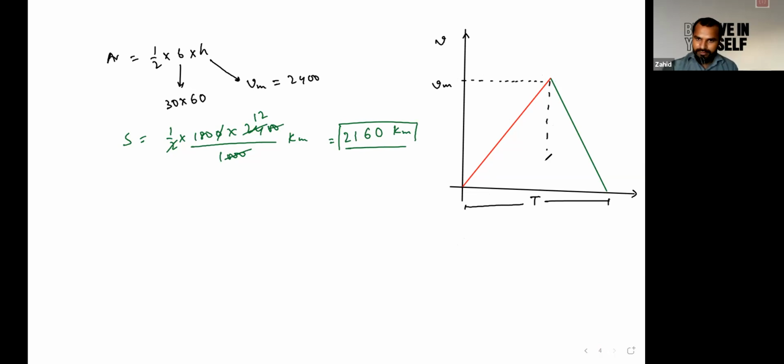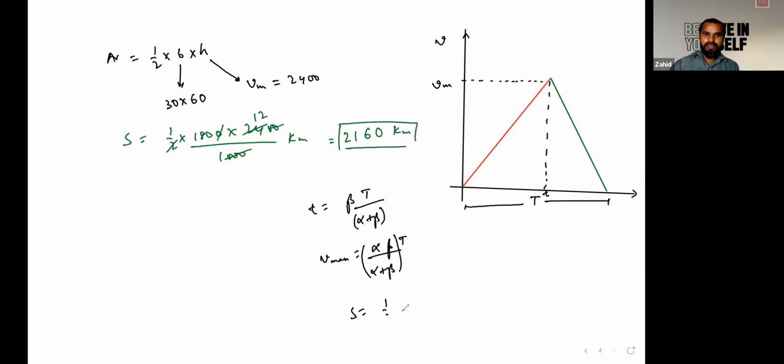This is your time to get maximum velocity, let me call it small t. So small t was beta times capital T by alpha plus beta. So V max is equals to alpha times beta T upon alpha plus beta. S is equals to half alpha beta T square divided by alpha plus beta. Okay. So this is the consequence of this particular question.